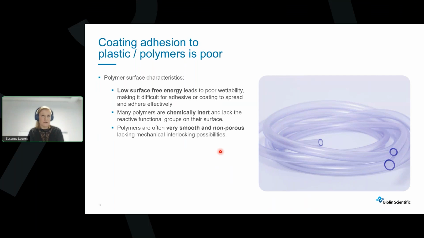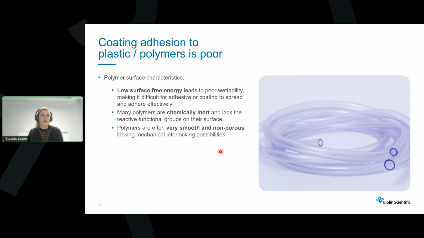This is because of the very low surface free energy of the polymer surface, which leads to lowered wettability, and it makes it more difficult for adhesives or coatings to spread on the surface.